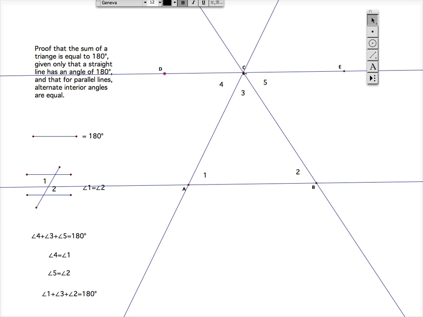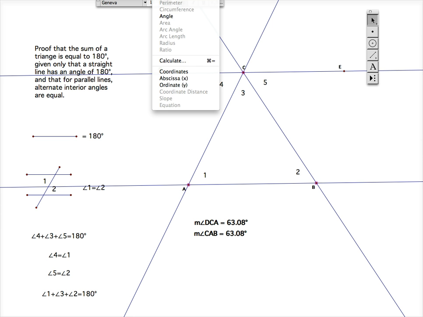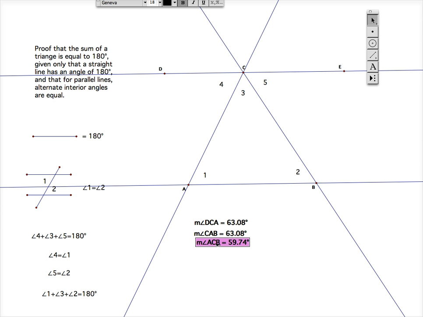If I select the points D, C, A, I can measure its angle of 63.08 degrees. Because angle 4 is equal to angle 1, I can then select points CAB, which is the representation of angle 1, and we see that they're the same. I can then select angle ACB, which represents angle 3, and get that.